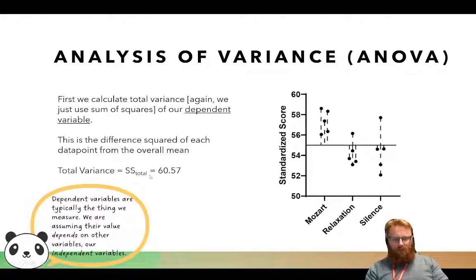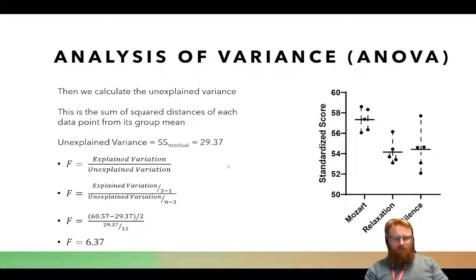So we've calculated our total sum of squares, the sum of squares of each data point from the overall mean. Then we calculate the unexplained variance, which, like before, is the sum of squares of the residuals, the residuals being the difference from the predicted values.